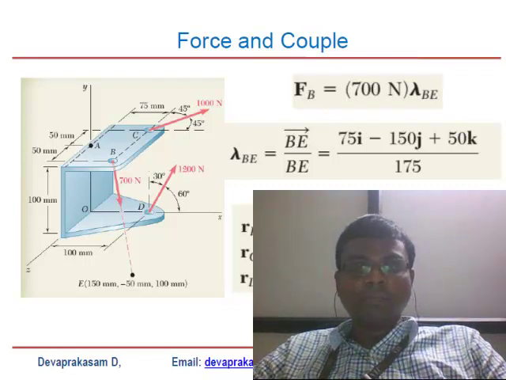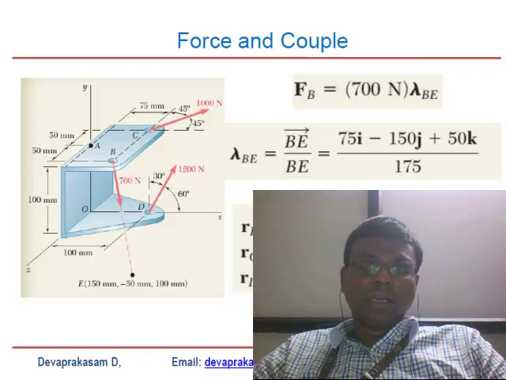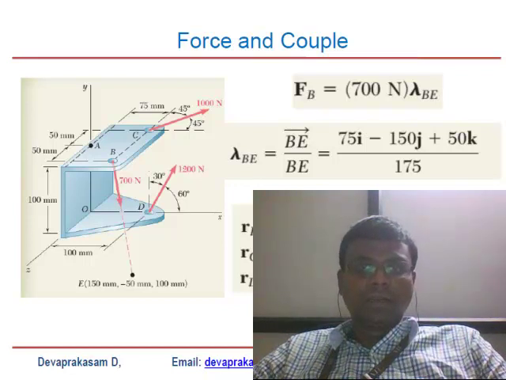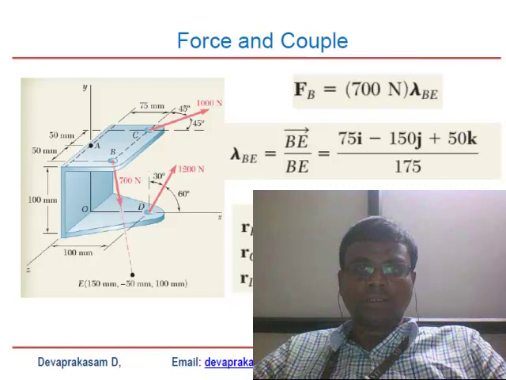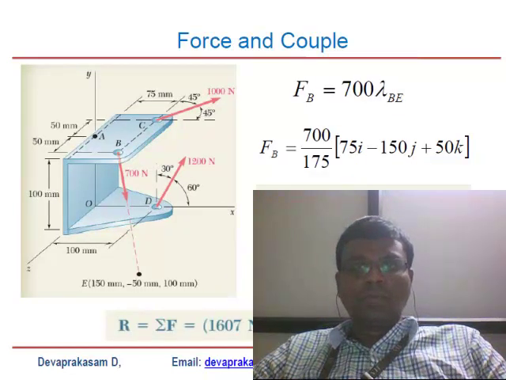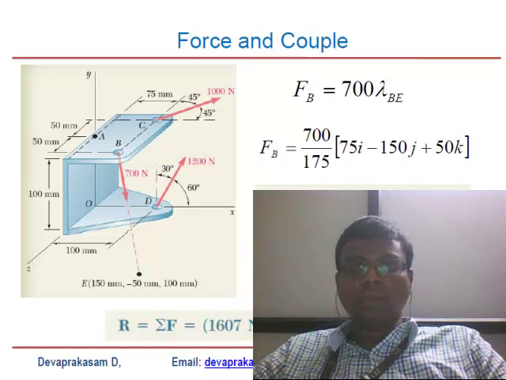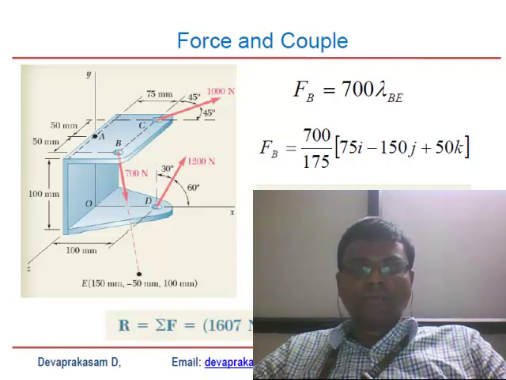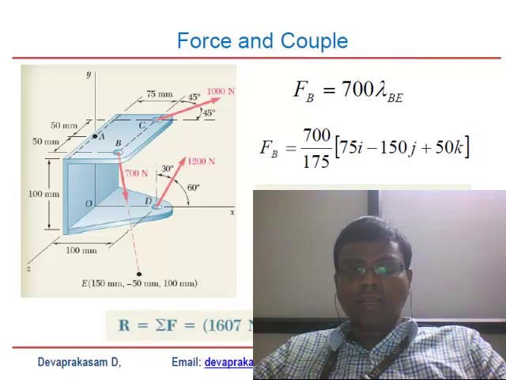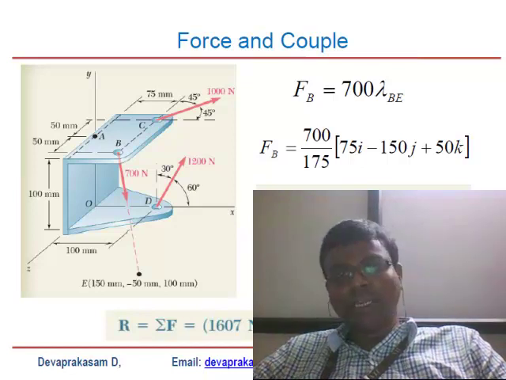The vector divided by the magnitude will give you the unit vector in that direction. So FB is equal to 700 lambda B; multiply and you will get FB. FC is resolved in the x and z directions, and the y direction is not there. Similarly, FD has x and y directions, and the z direction is not there.